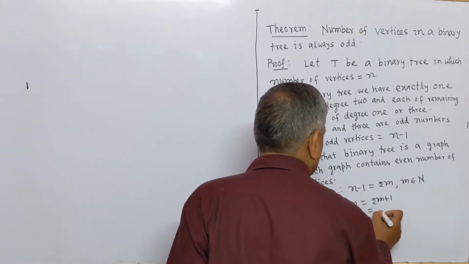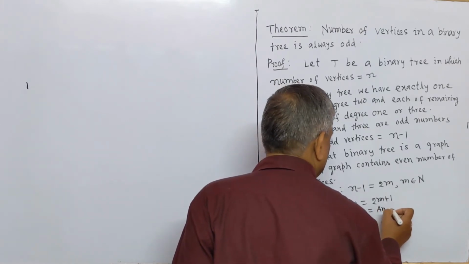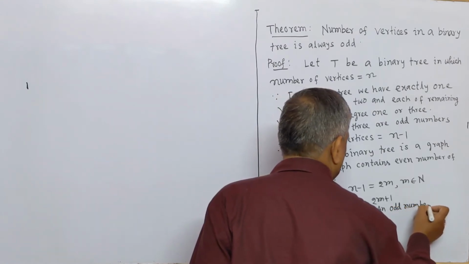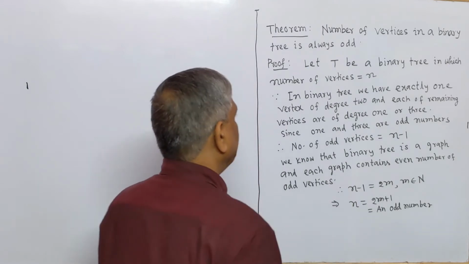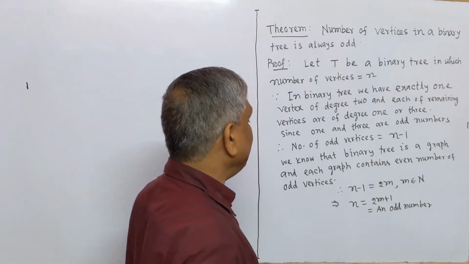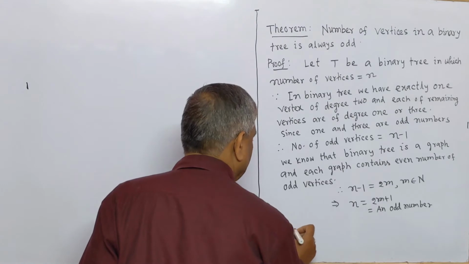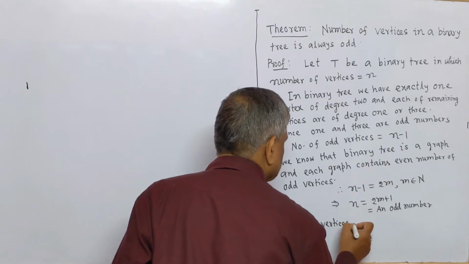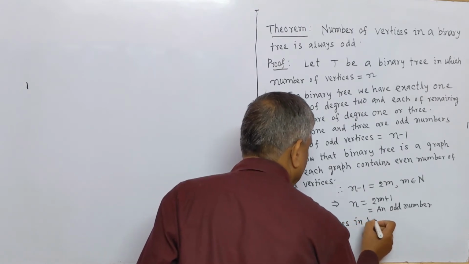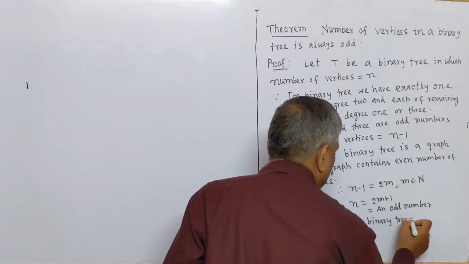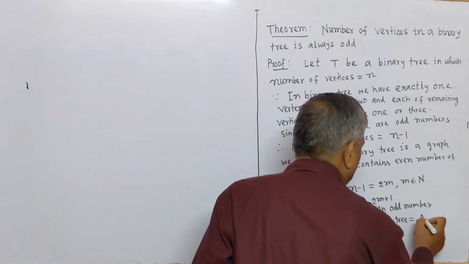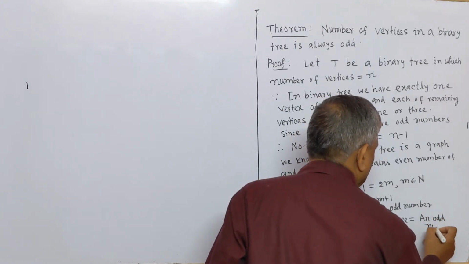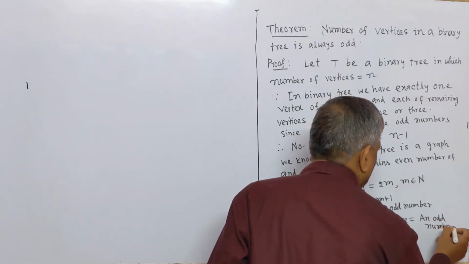This is an odd number. And the left side is the number of vertices in the binary tree, which implies that the number of vertices in a binary tree is an odd number. Proved.